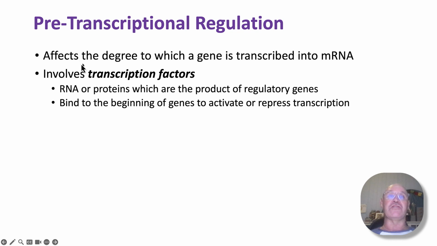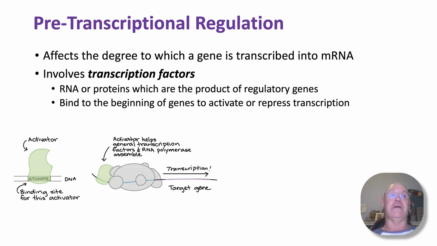So we have these transcription factors that are RNA or proteins that are the products of regulatory genes, and they actually need to bind to the start of the gene to activate the transcription, or equally, they might repress transcription. These are called transcription factors. We're going to look at them in more detail.